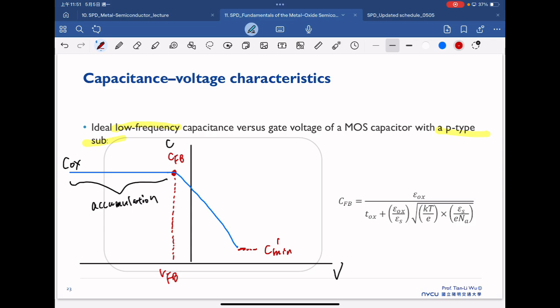And then beyond this minimum, we can see the capacitance increase again and reach the inversion.